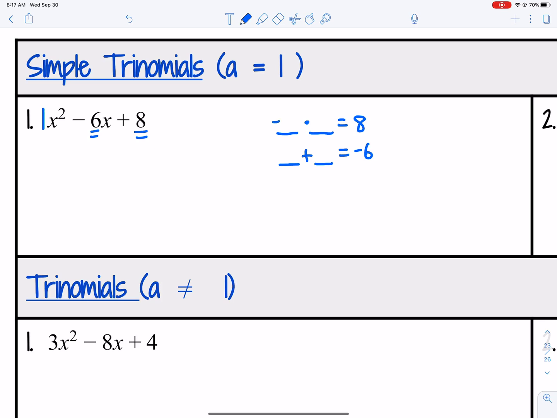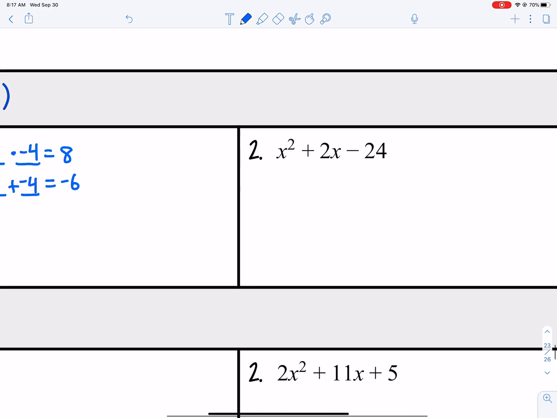So the numbers we need are -2 times -4, because -2 plus -4 adds to get -6. And then we just need to write the factors out: x minus 2 and x minus 4.